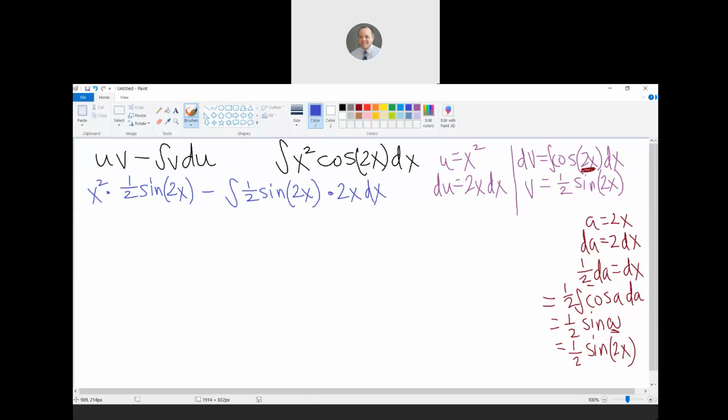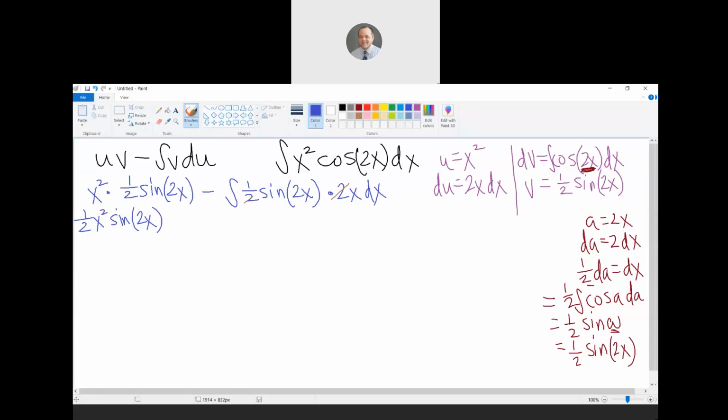Now for the integral, let's clean that up a little bit. And also for the first part of our answer, let's just put the x squared behind the 1/2. Over here with the integral, the 2's cancel out.